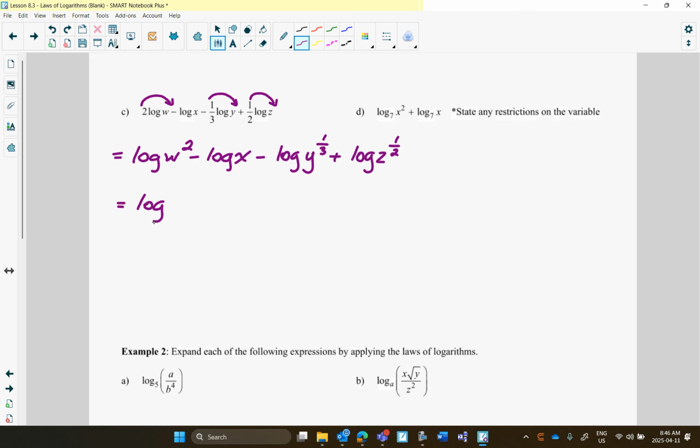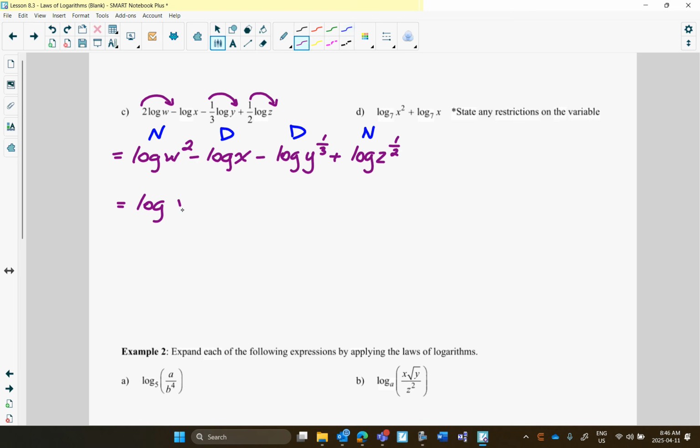Well, remember, this is positive, so it's going to be in the numerator. This is negative, so it's going to be in the denominator. This is negative, so it's going to be in the denominator. And this is positive, so it's going to be in the numerator.